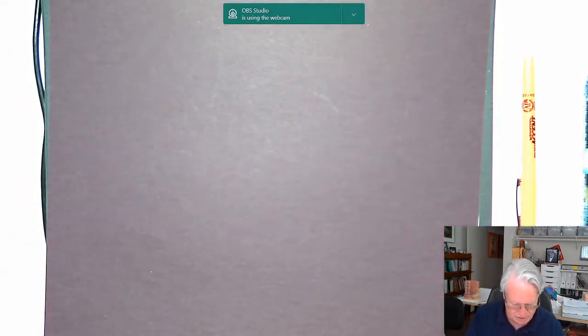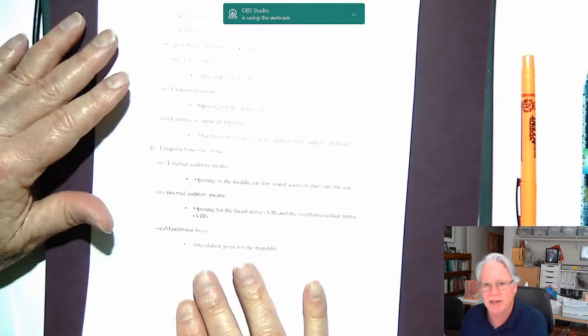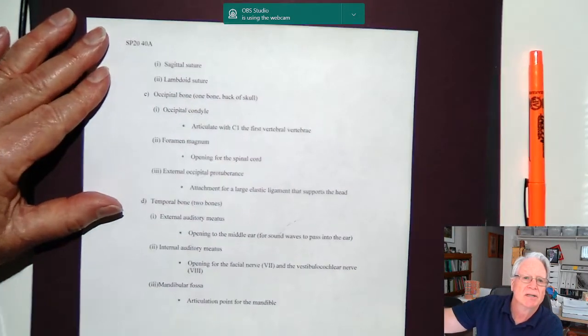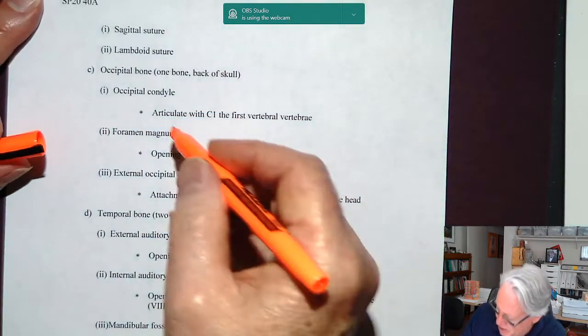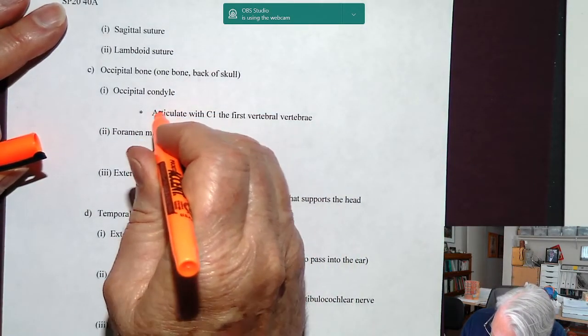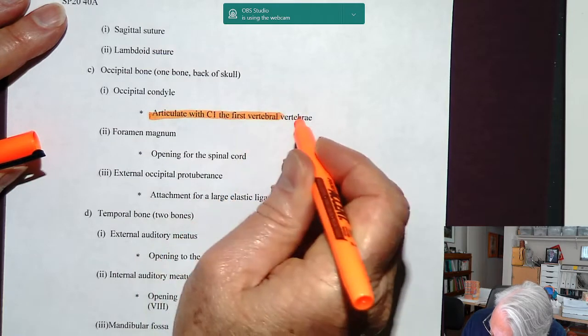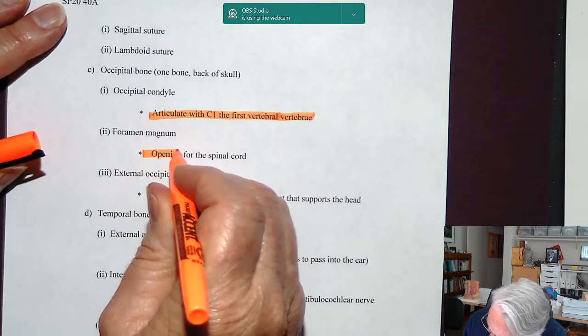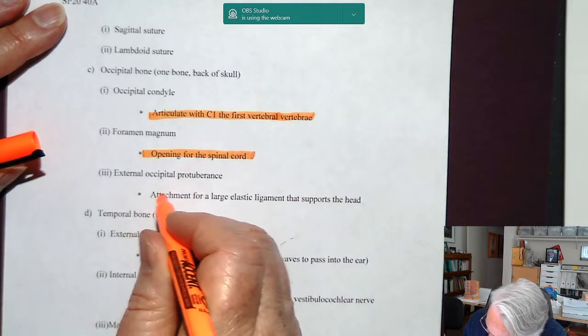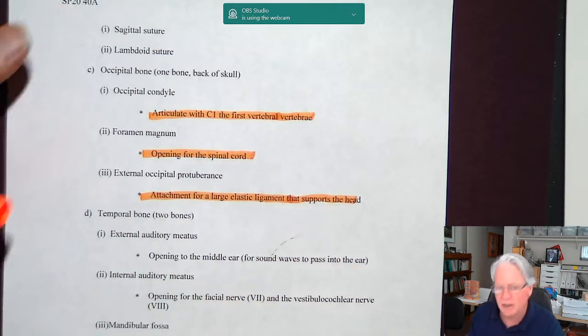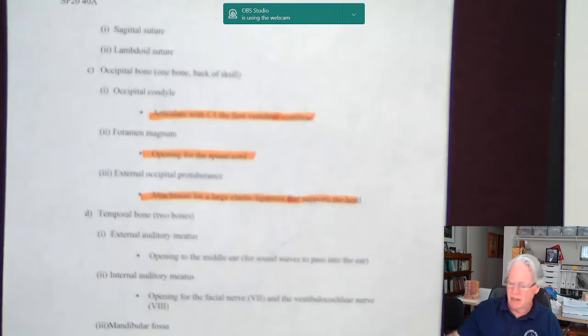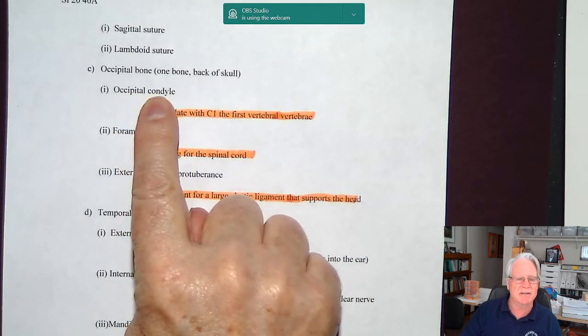And let's take a look at this. So we're going to take a look at the occipital bone, and I want you to notice that we've got our first structure that has a function. Number one here, there's our second one, and then this one right here. Okay, so we're going to take a look at the occipital condyle.